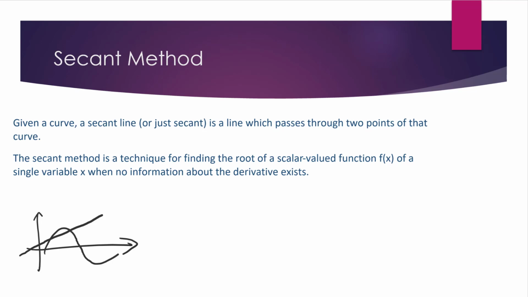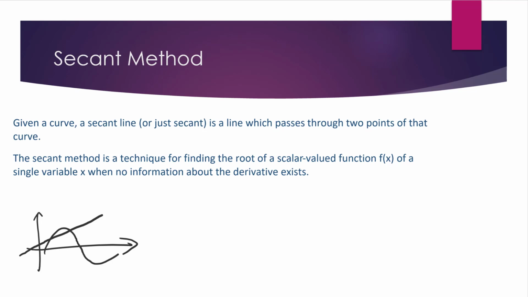When the function is very complicated, it's very difficult to find the derivative analytically. So to avoid that problem, the secant method was invented. When you use the secant method, you don't need to know any information about the derivative. Instead, it requires 2 initial guesses about the root.